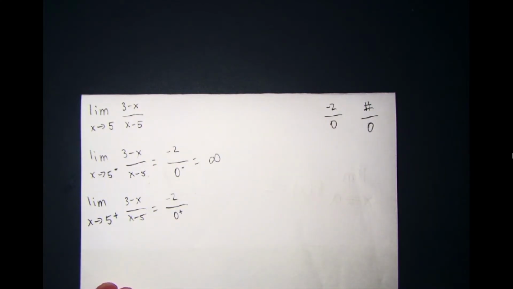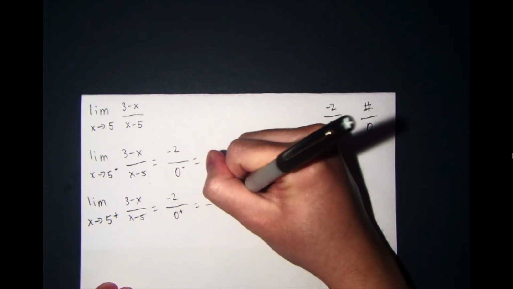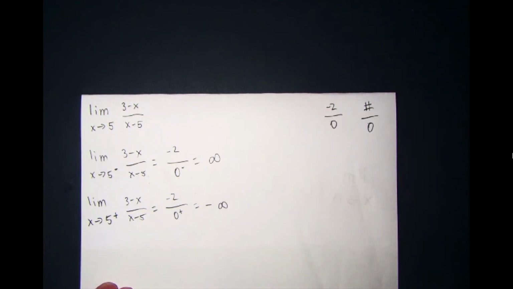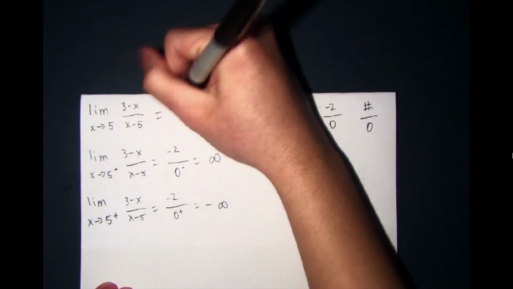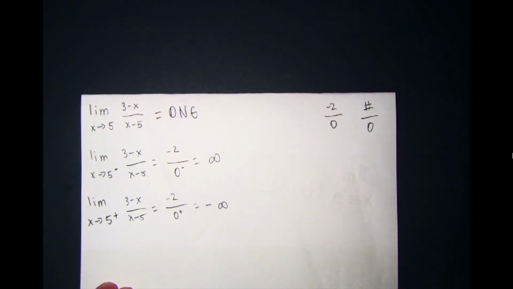And so here you have a negative number over a positive number, which means that this limit is actually equal to negative infinity. And because the left-hand limit and the right-hand limit are equal to two different things, we say that this limit is DNE, or does not exist. If the left-hand limit and the right-hand limit were equal to each other, then that would be the solution to the limit above.